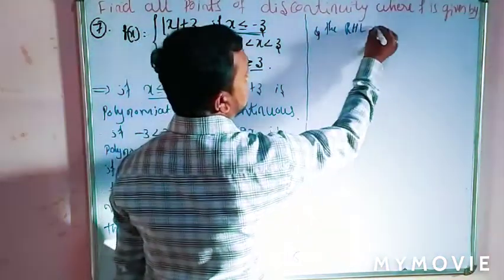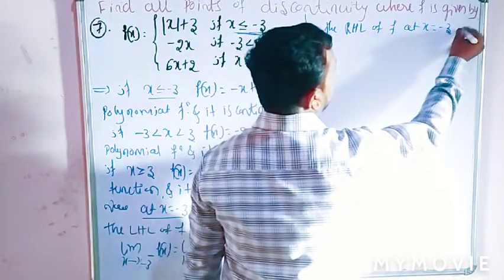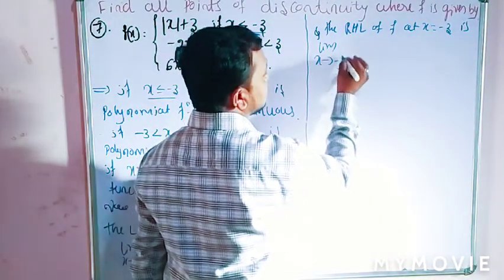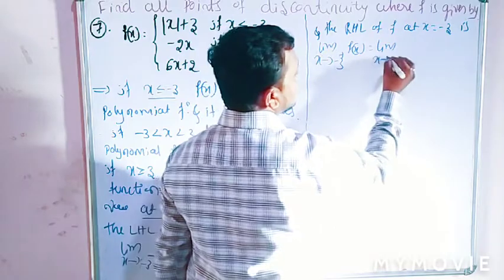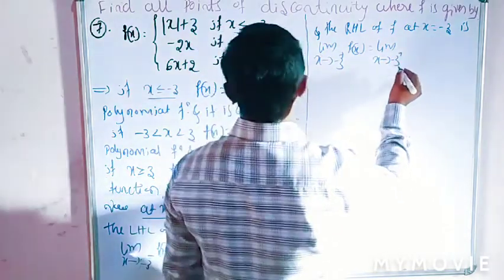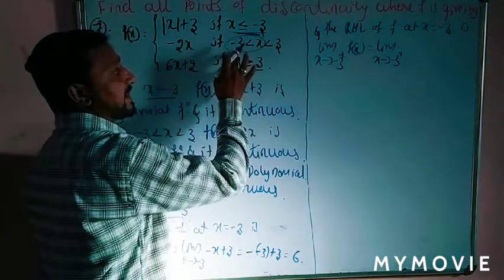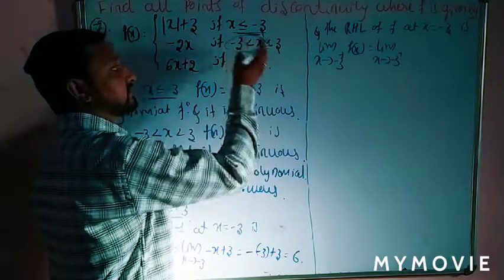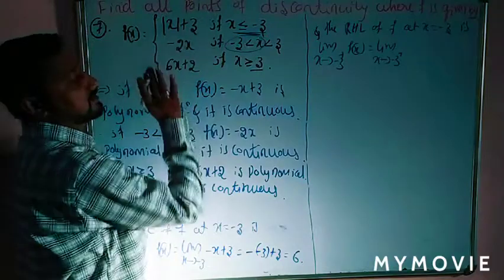and the RHL of f at x equal to -3 is limit of x tends to -3 plus f of x. What is your RHL corresponding? This is your RHL, because -3 is less than x, or x is greater than -3. Both should be the same. This is LHL, obviously this is RHL. Is that clear?